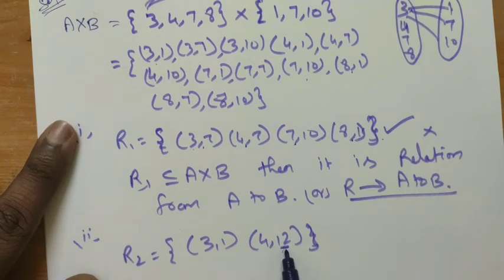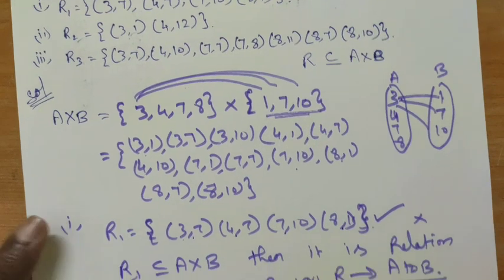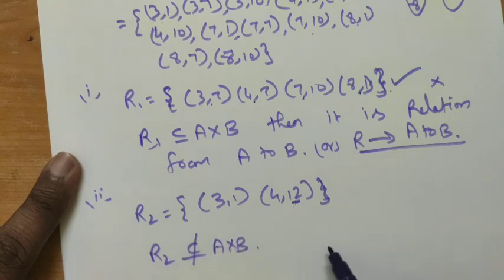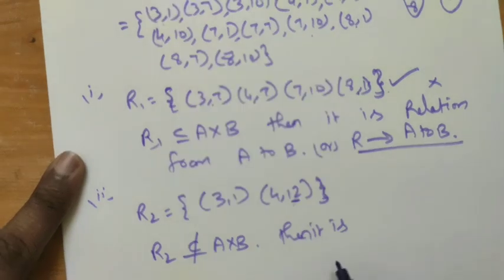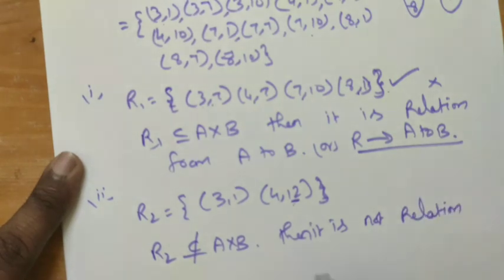In the second set B, there is no element 12. So R2 is not a subset of A cross B. Then it is not a relation from A to B, right?